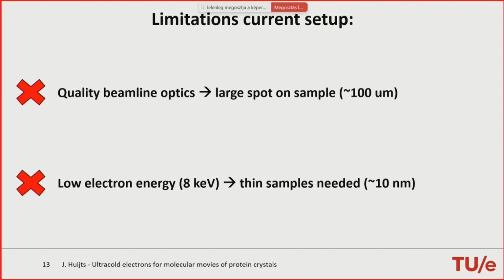But if you actually want to do protein crystallography, I need to solve this. At the moment, the spot on our sample is on the order of 100 micron, which means that if you have a 2 micron sample, you waste an unacceptably large fraction of your beam. But we're working on that.